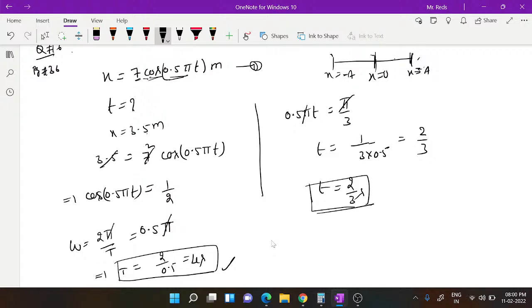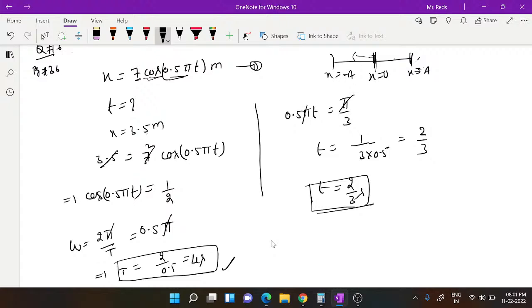But if you want the time taken by the particle to move from mean position to this point, from mean position you have to take a sine function.